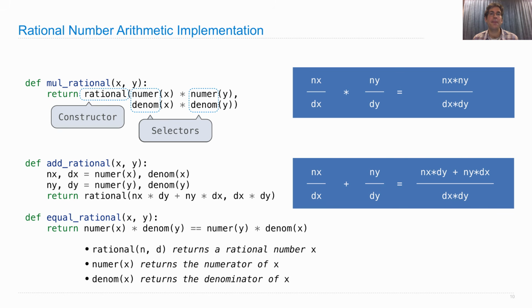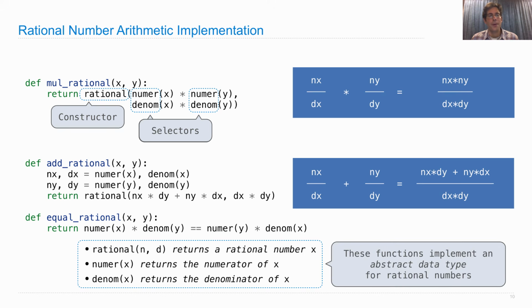Now, we can't just compare their parts because 1/2 is the same rational number as 2/4. So, in order to resolve whether x and y are equal, we multiply the numerator of the first by the denominator of the second, and check to see if that's equal to the numerator of the second times the denominator of the first. Tongue twister.